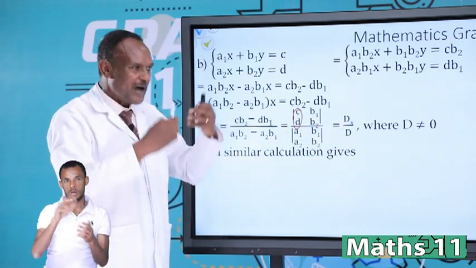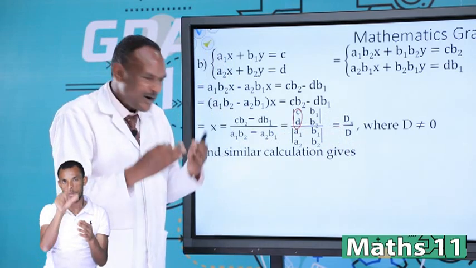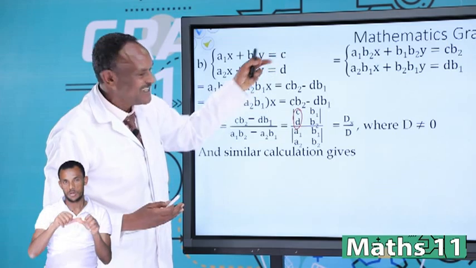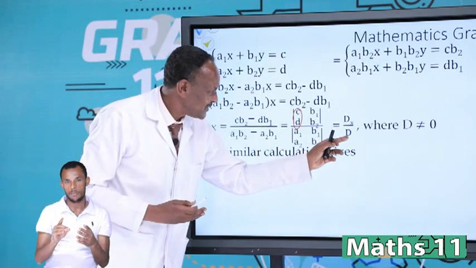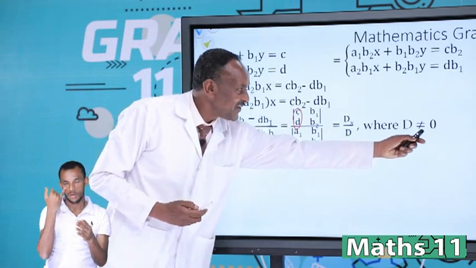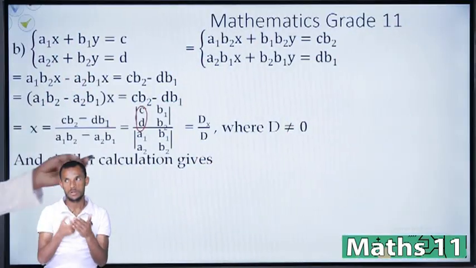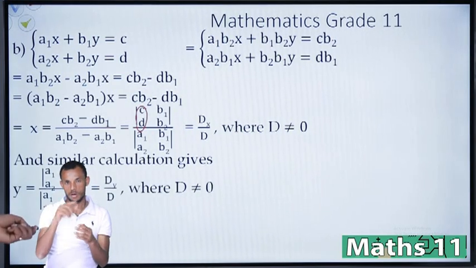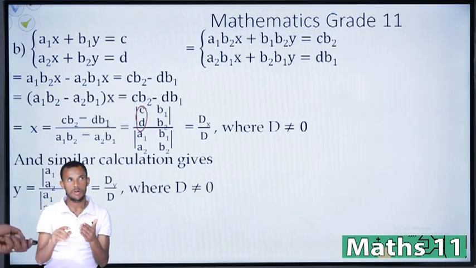Dx means you have a new matrix where the coefficients of x are replaced by the constant numbers C and D. The denominator is D, the determinant of the coefficient matrix. If the denominator is different from 0, this gives the value of x. Similarly, we can do the same thing for y.